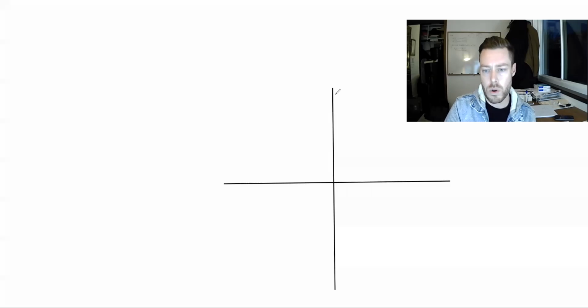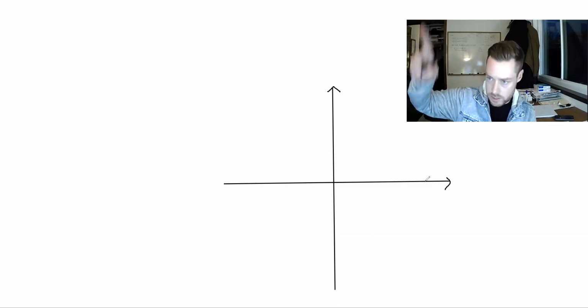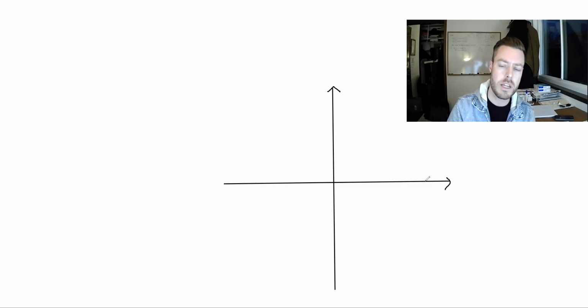So way back in the day when you were doing algebra, or maybe you're still in algebra, you were asked to draw a graph, maybe just the equation of a line or anything like that. And it was on an XY plane, right? So your horizontal axis would be your x's, your vertical axis is your y's, right? In this case, when it comes to complex numbers, this is going to change. So your horizontal axis is actually going to be what's called your real domain for all your real numbers.